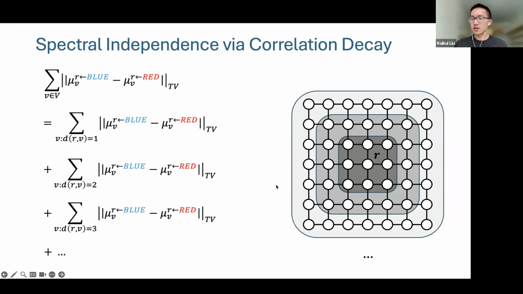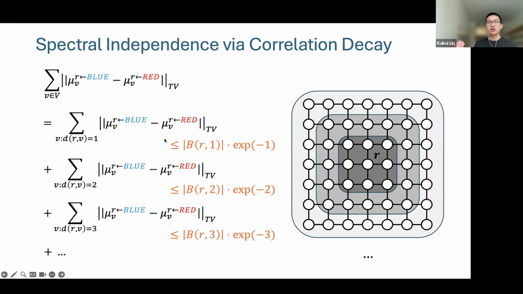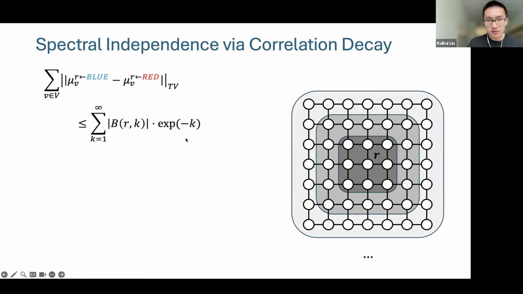Now, if I know correlation decay, then I know that each of these sums is bounded by something exponentially small in the distance scale times the total number of vertices at that distance scale, right? And so in particular, I'm going to get a sum that looks like this.